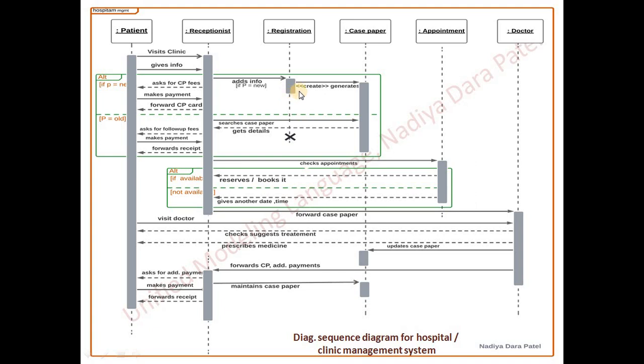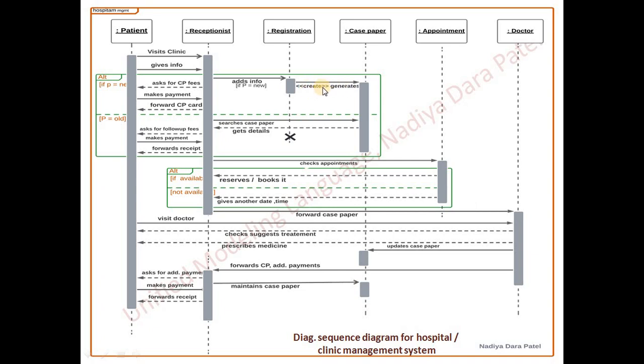As soon as registration finishes, we are going to prepare case paper. So according to me, this object will get alive once the process of registration is completed. So I have made use of create message symbol, which I have already explained. You can switch back to the previous part of this video and learn it back.